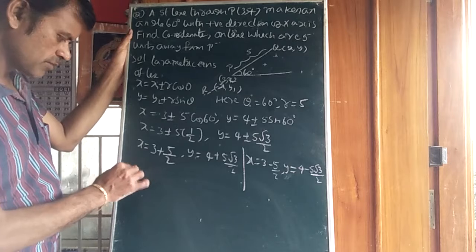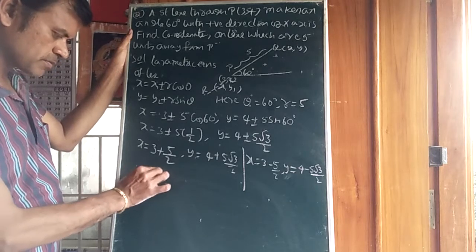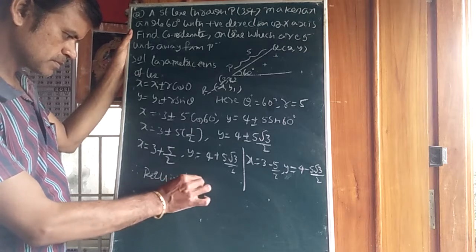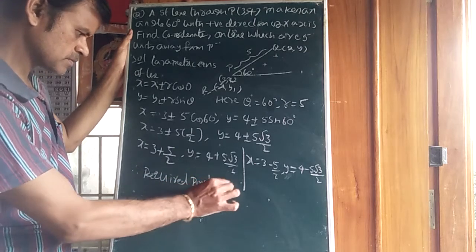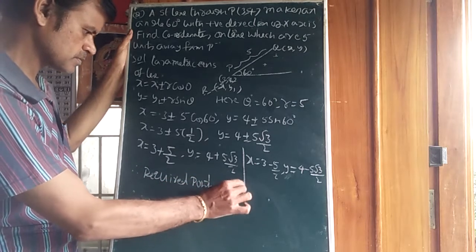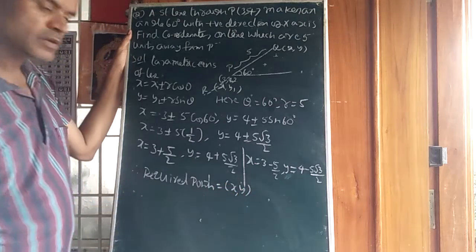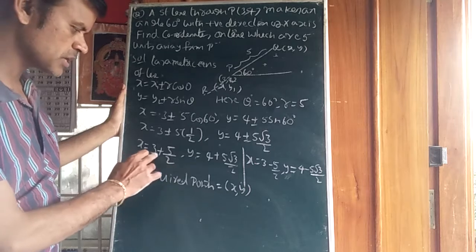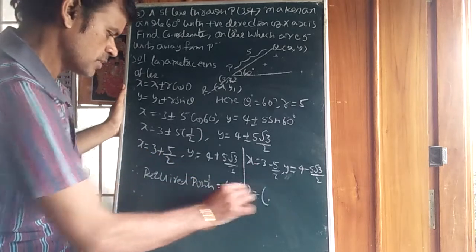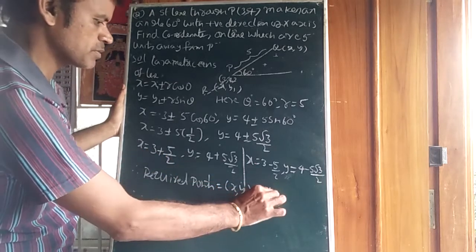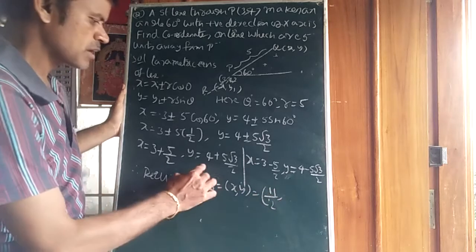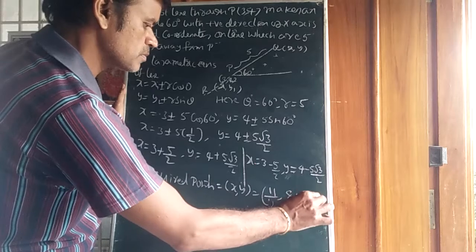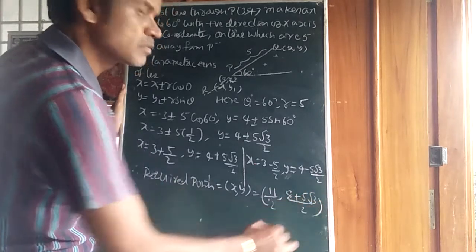Therefore, the required points (x, y): take LCM, 2 threes are 6 plus 5, so 11 by 2, comma 8 plus 5 root 3 by 2.